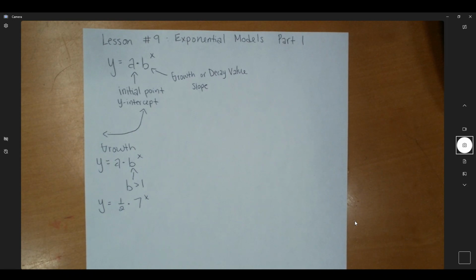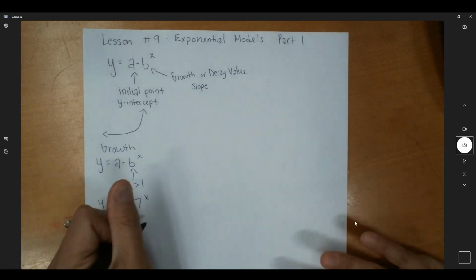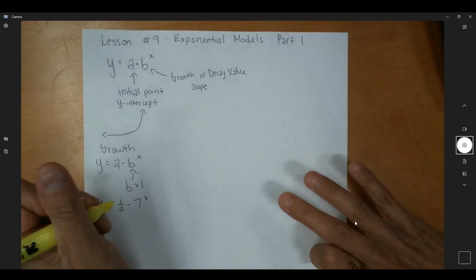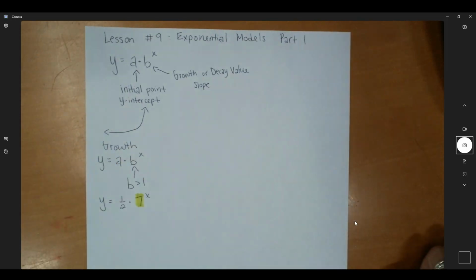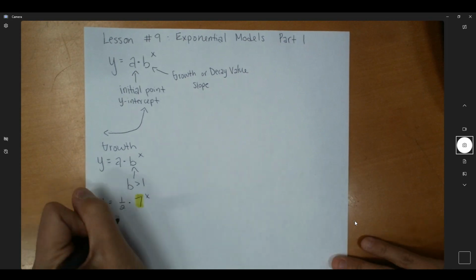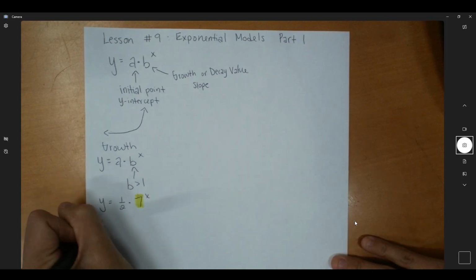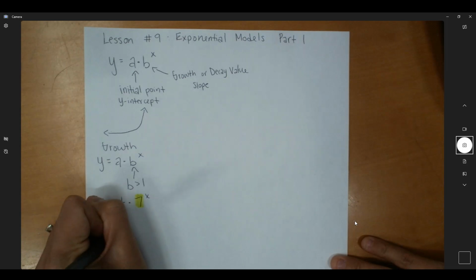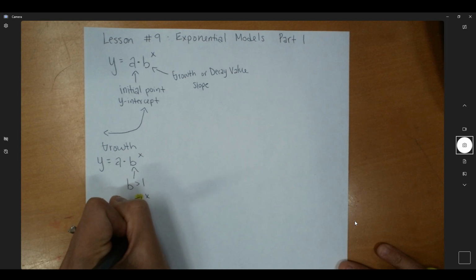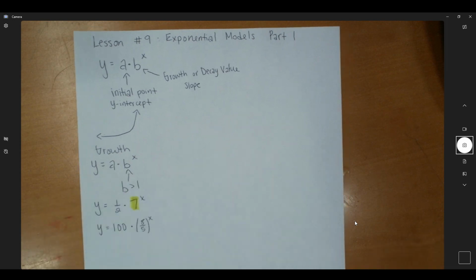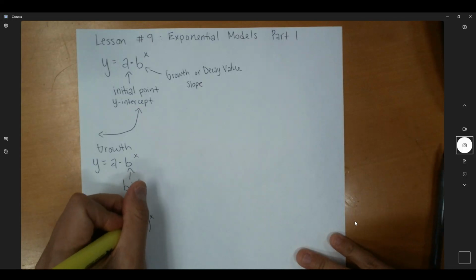So if you have an example like this, again, we're looking at the b value. So this number right here, it's greater than 1, so this is growth. Okay, so again, we're looking at just the b value, 8/5.